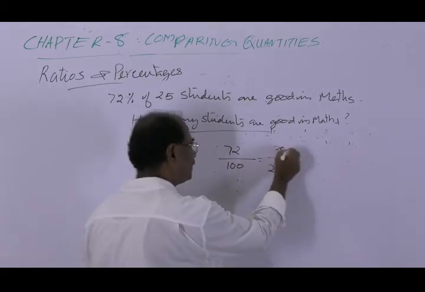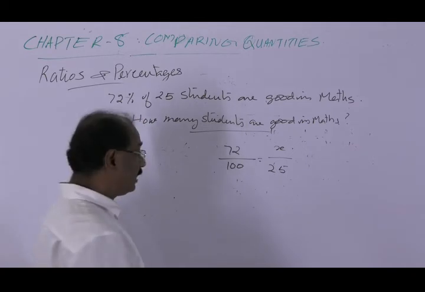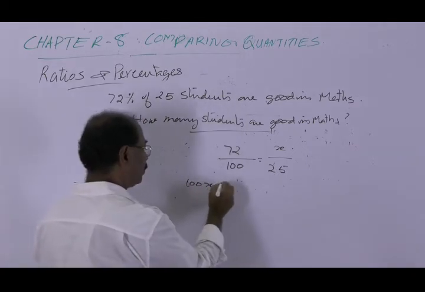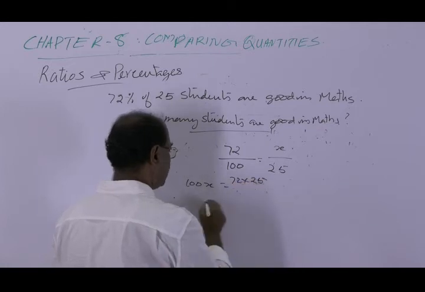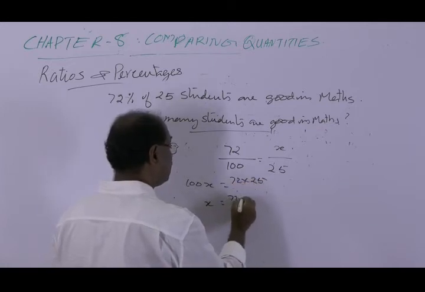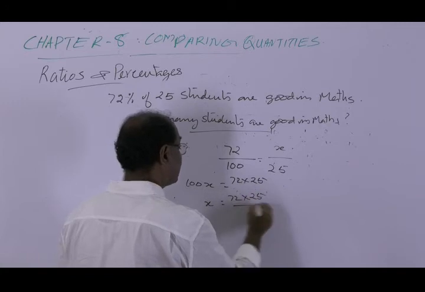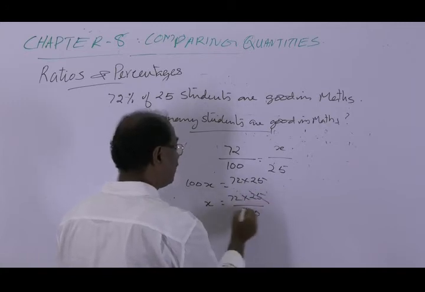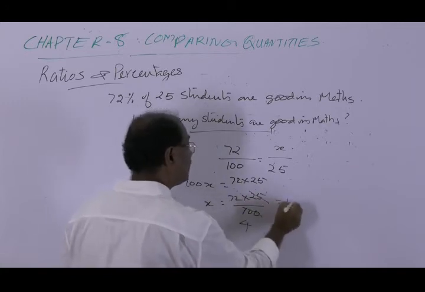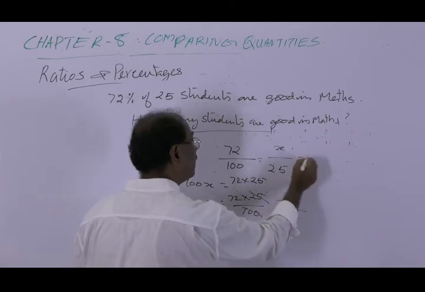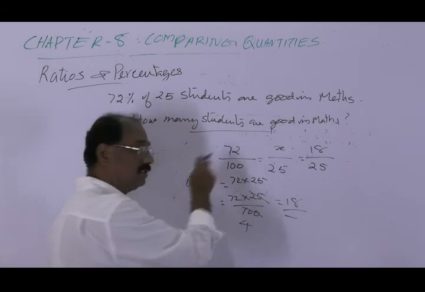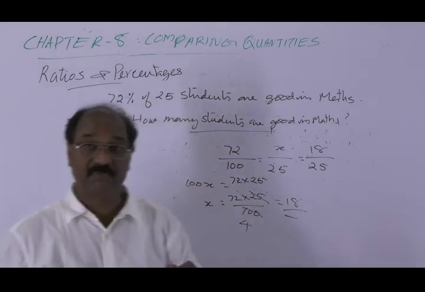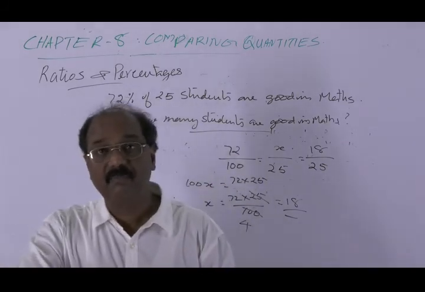Suppose this is x. Then cross multiplying, 100x equal to 72 into 25, or x is equal to 72 into 25 divided by 100. So 25 into 4 is 100, and 72 by 4 is 18. So here 18. This fraction is the same as this. That gives the percentage.